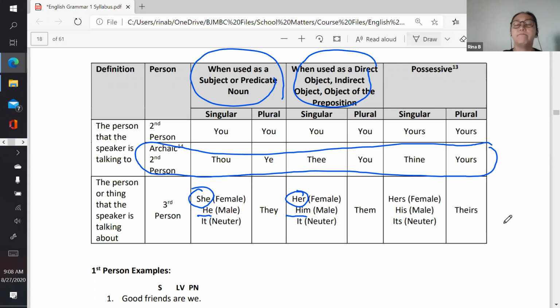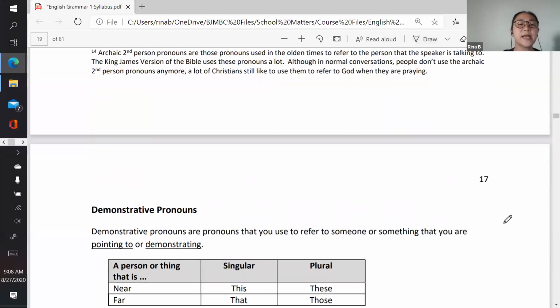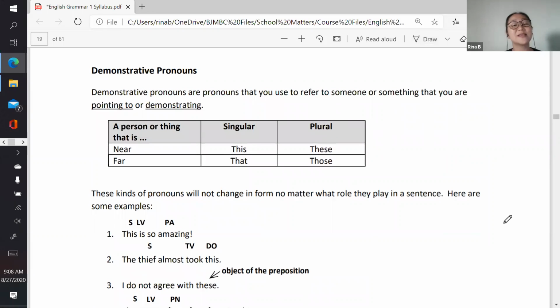Next, we also discussed last time demonstrative pronouns. This, that, those, these.